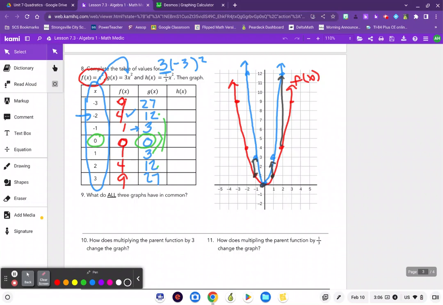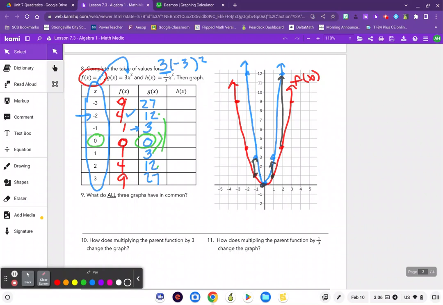And so it really feels like there's this pulling that's happening. My graph is being pulled in this upward direction. It's not shifting up. It's just the vertex is still being held down in the same spot, but the rest of the graph is being stretched up or pulled upwards. Okay. So let's see what happens when we fill out the table for h.